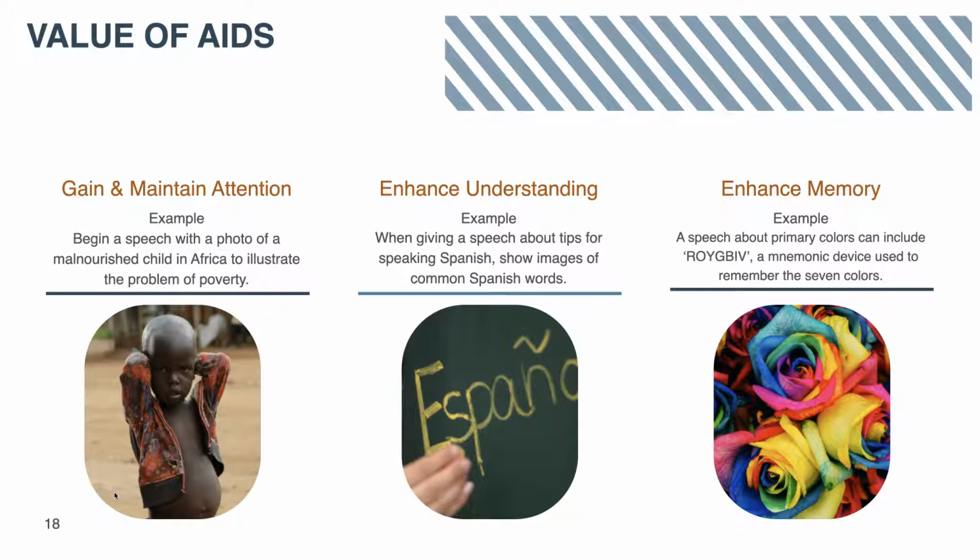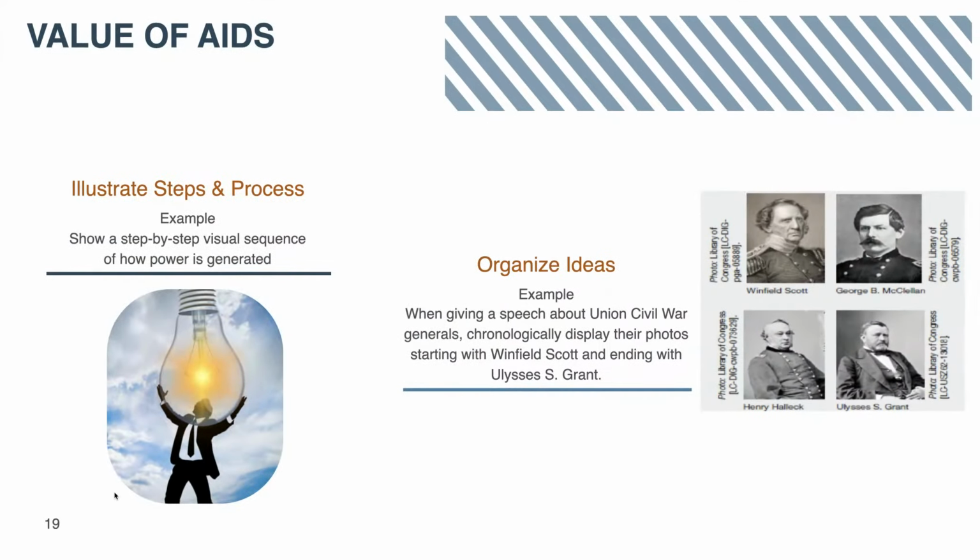Or if you're giving a speech on how to learn Spanish or what Spanish looks like in written form, go ahead and put some photos there. If it's a speech on primary colors, and you want people to remember all the colors of the rainbow, have some sort of mnemonic device to help them do that. Okay, so that's the value of aids.